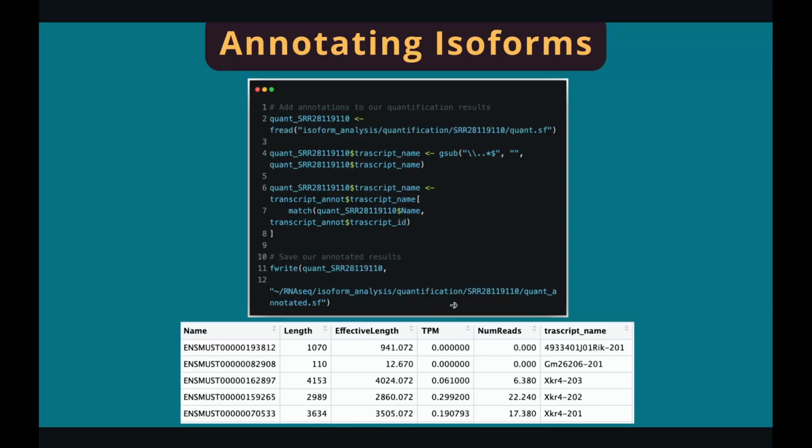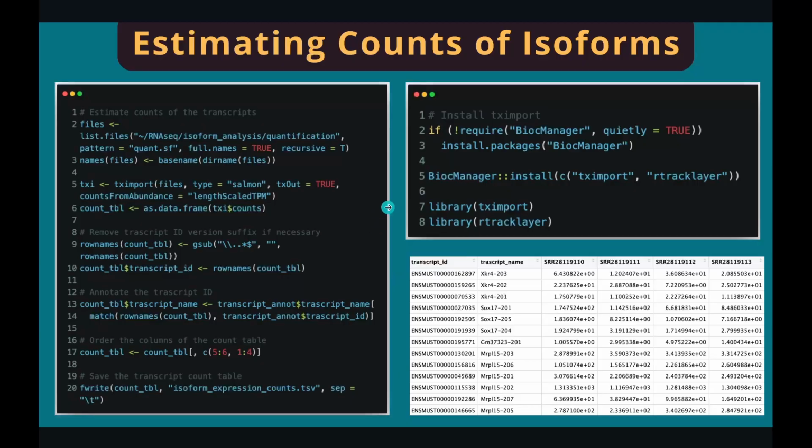If you have multiple samples, there's an easier way to combine them and annotate all of them in one go. Here, we use another package called tximport and trim-galore to combine all the quantification tables.